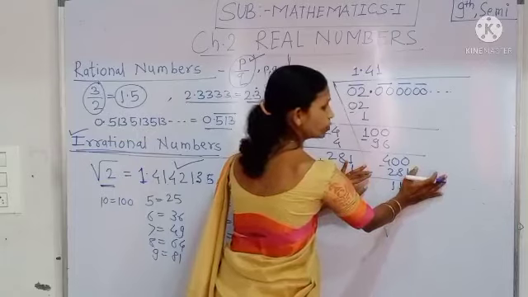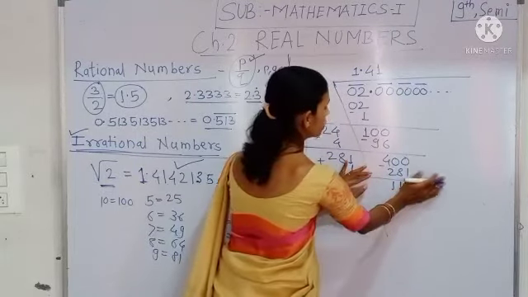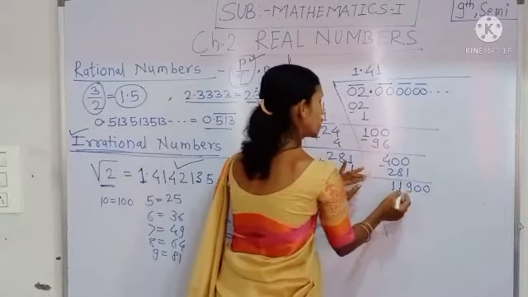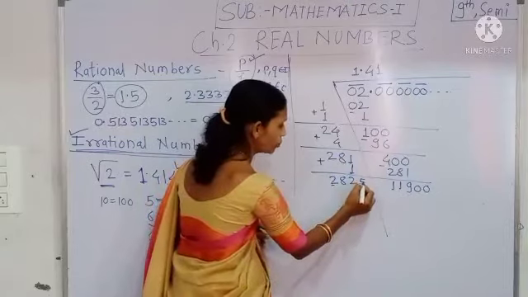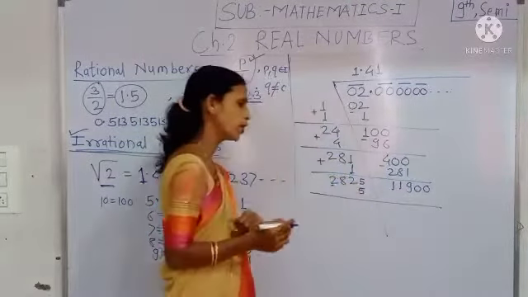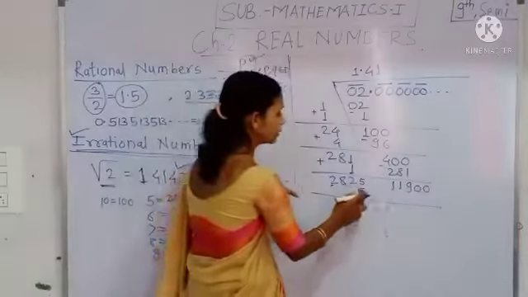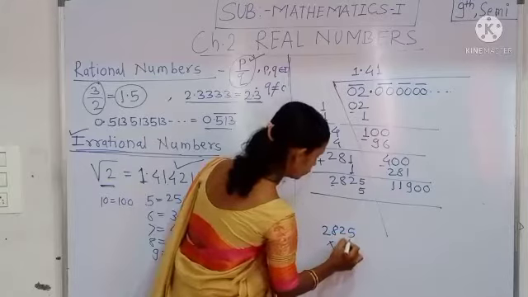That is 2 5s are 10 and 2 6s are 12, which is greater than 11. Therefore 2 5s are 10, which is less than 11. Therefore first of all we have to write 5 here. But if we put the number 5, then we get the multiplication 25 into 5.